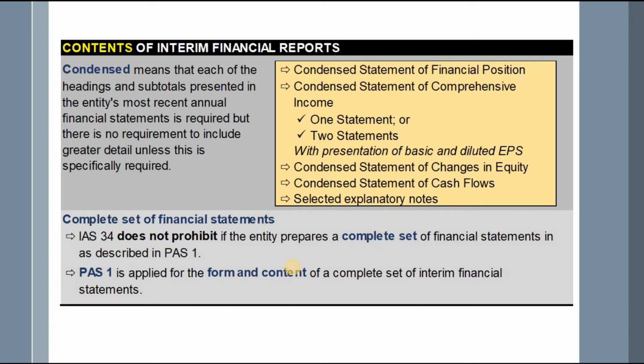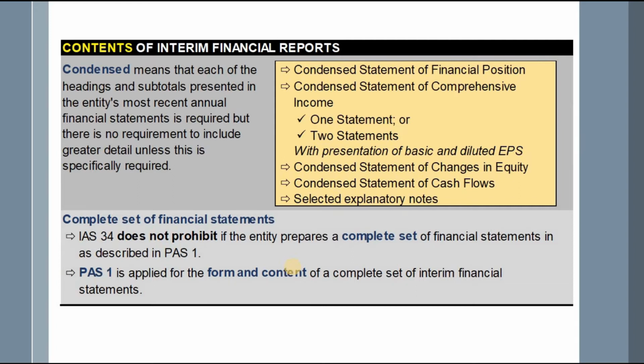First, let us define what a condensed financial statement is. A condensed financial statement means that each of the headings and subtotals presented in the entity's most recent annual financial statements is required, but there is no requirement to include greater detail unless specifically required.